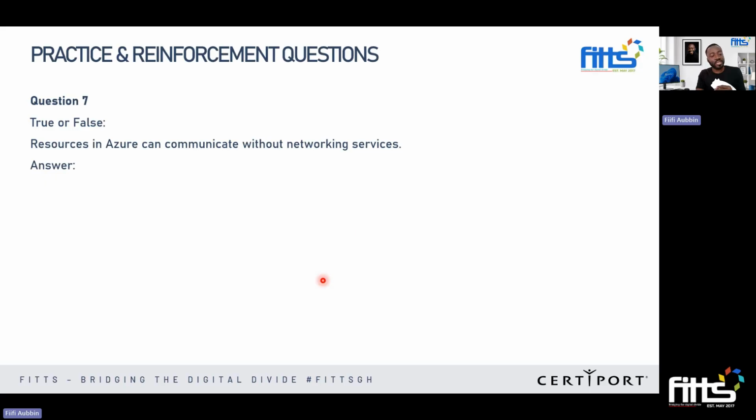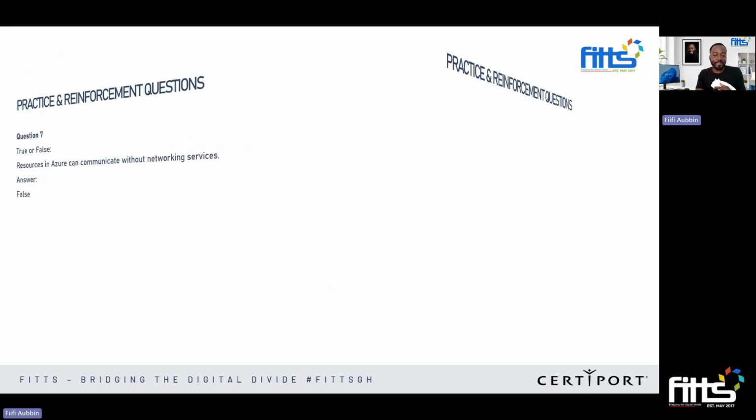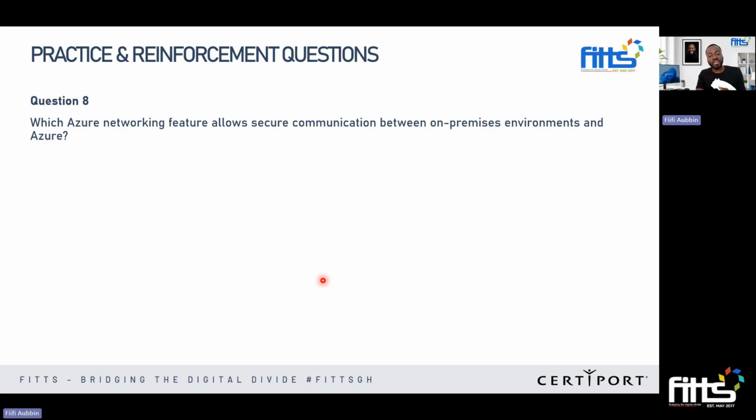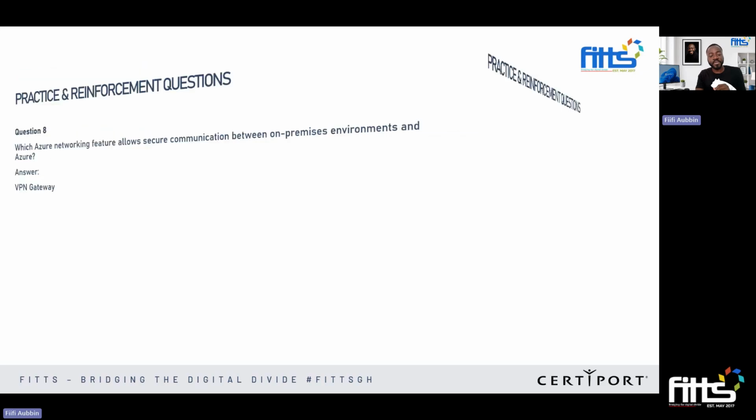Is that really the case? The answer is false, because they need networking services in order to communicate. Then question number 8, which Azure networking feature allows secure communication between an on-premises environment and Azure? The answer is VPN Gateway. So, on-premises and Azure.